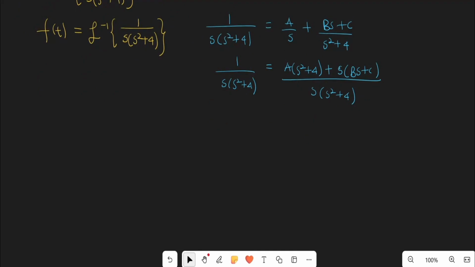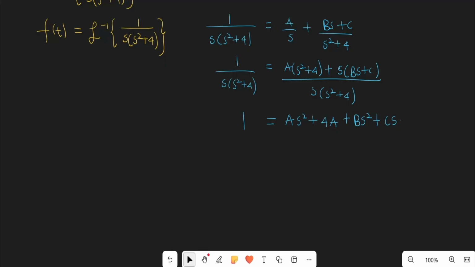So now the denominators are the same, so we can multiply both sides by this one, and that will eliminate the denominator. What is left is the numerator, which is 1 equal to, foiling, as squared plus 4a, and then plus bs squared, and then plus cs, like this.